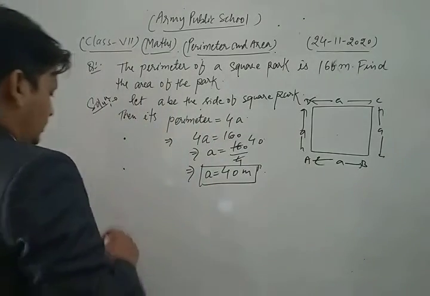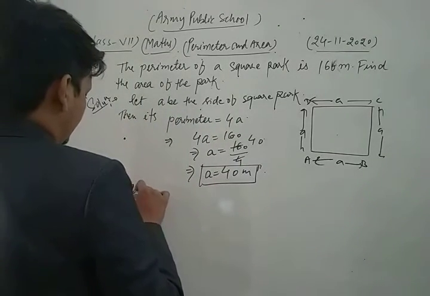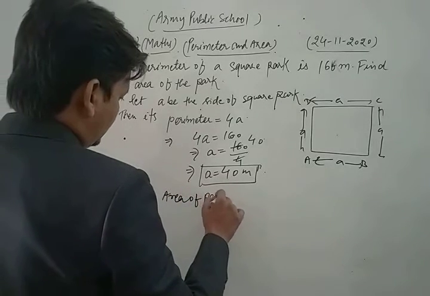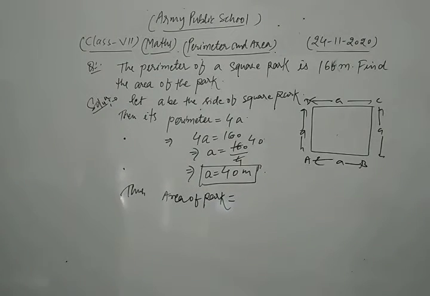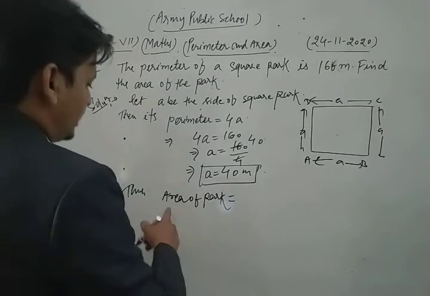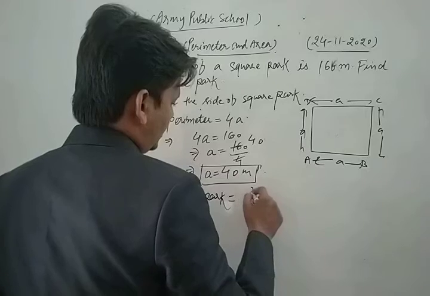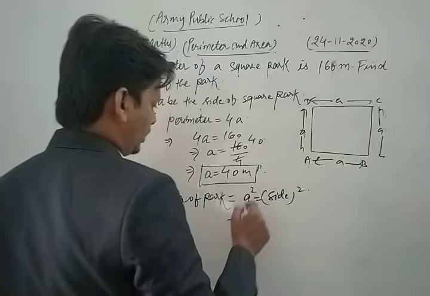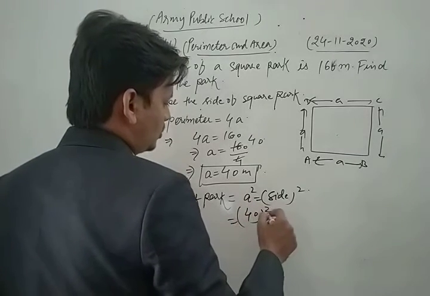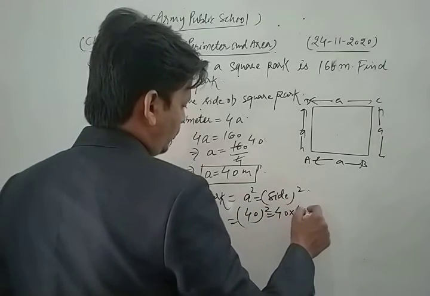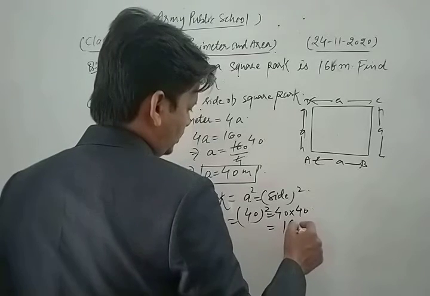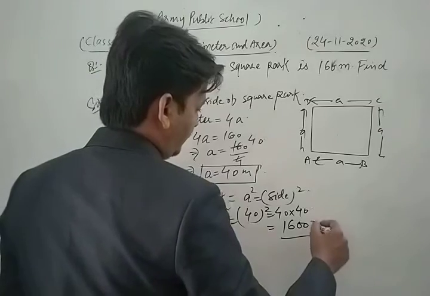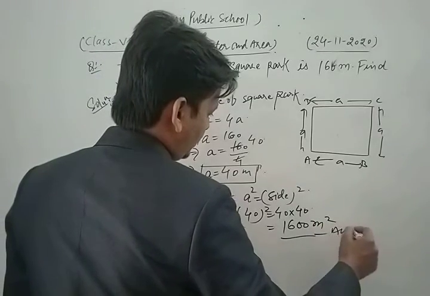Thus the area of the park is side square. Okay, A side means A square. So here we write 40 square. So we get 40 into 40, which is 1600 meter square. This is our required answer.